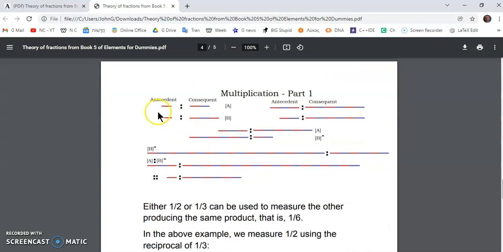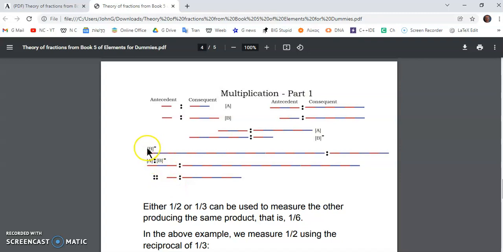So as you see over here, we've got a half times a third. We convert them to the same consequent, and in the first case that I'm going to show you, we need to flip the second one. We invert it. As you see, it's just this one inverted to this one.